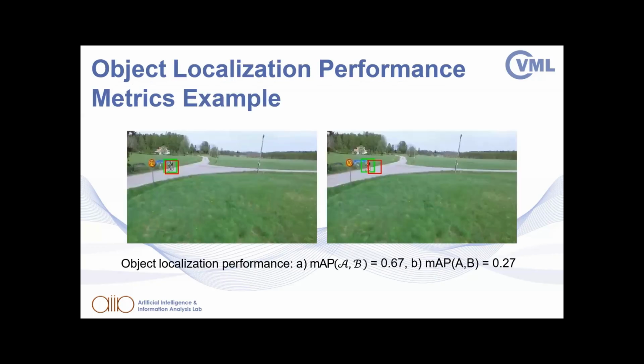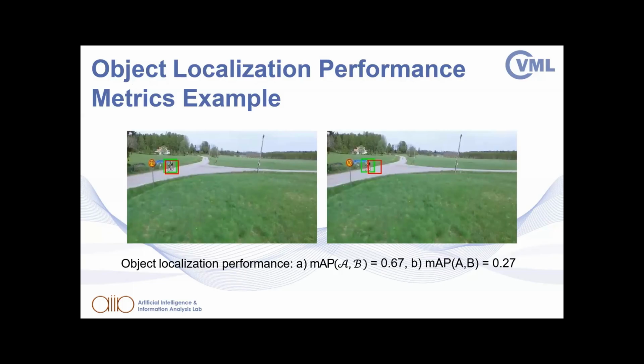Here we have an example of object localization performance using the intersection over union, denoted here as IoU. On the left image, we see the predicted bounding box in green, which aligns well with the ground truth, which is the red.